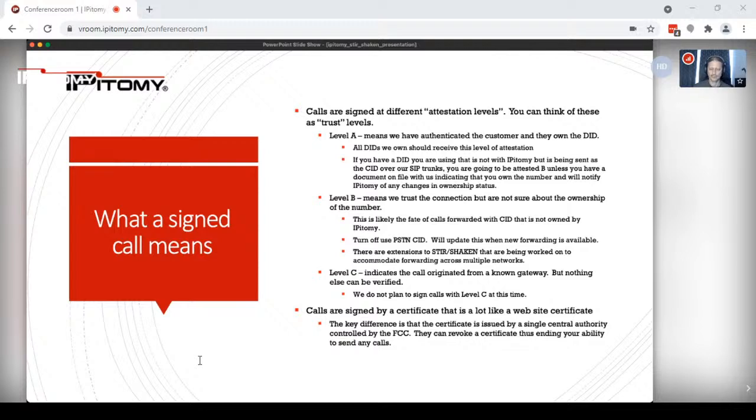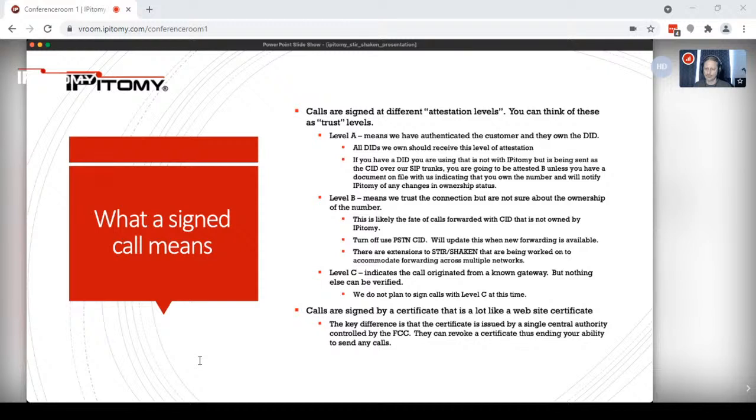And then there will be some action by the FCC, and I think people are going to wait to see what happens. But that's not our plan. Our plan is to go by exactly what the FCC wants, as far as we can tell. So there are extensions to STIR/SHAKEN, and hopefully that will accommodate the forwarding.